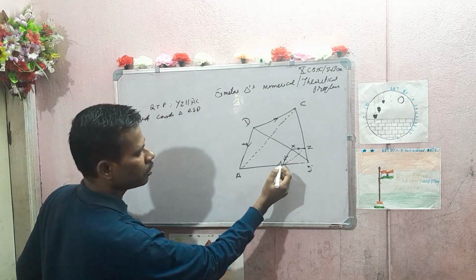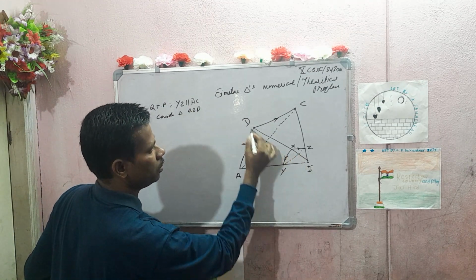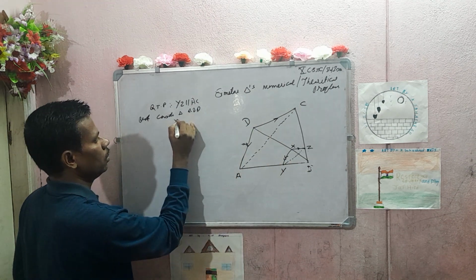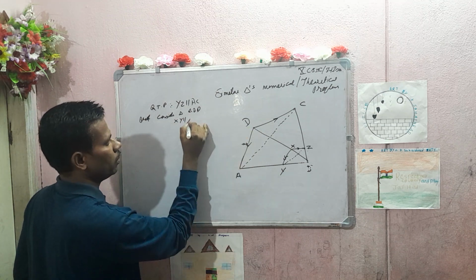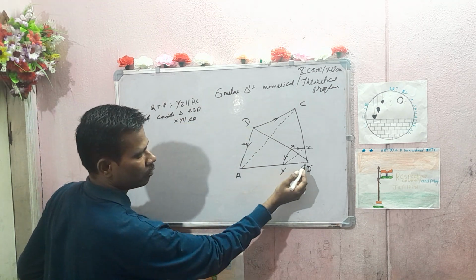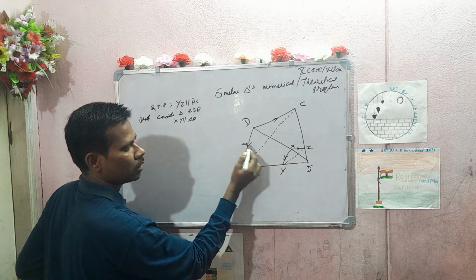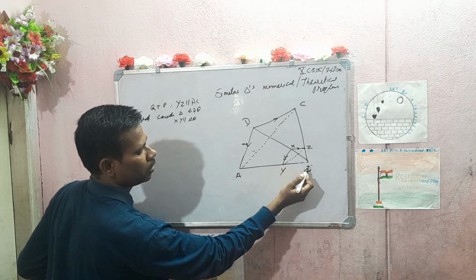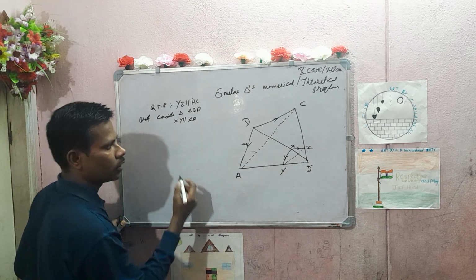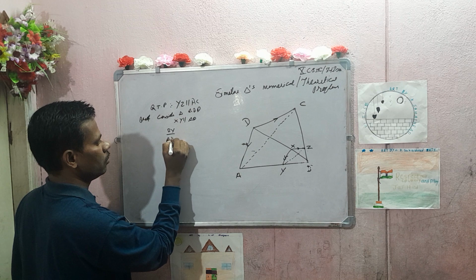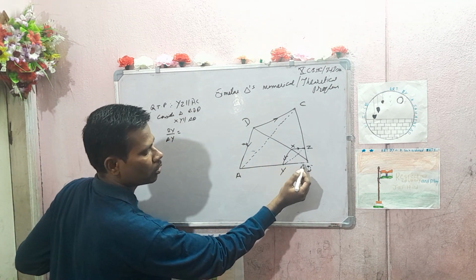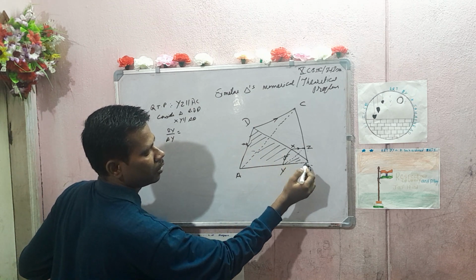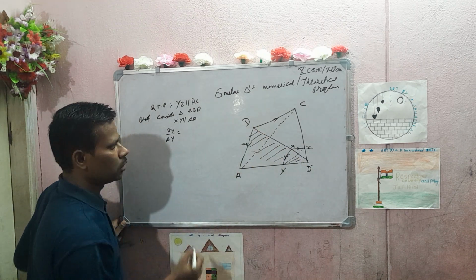What do you notice? In this triangle ABD, XY is parallel to AD. Apply the basic proportionality theorem. If a line is drawn parallel to one side of a triangle, then it will divide the other two sides in the same ratio. That means BY by AY is equal to BX by XD.